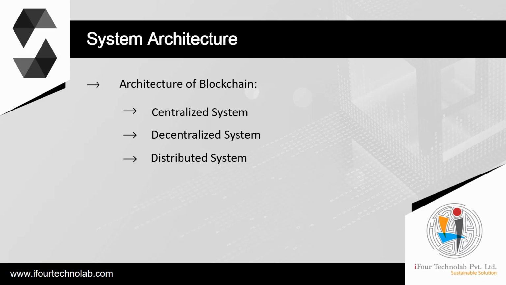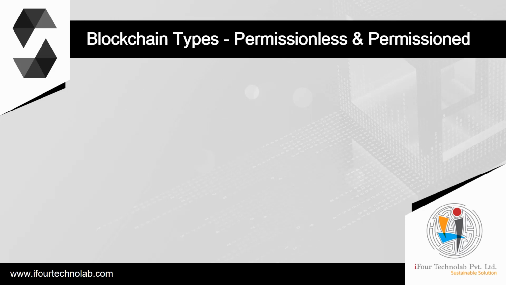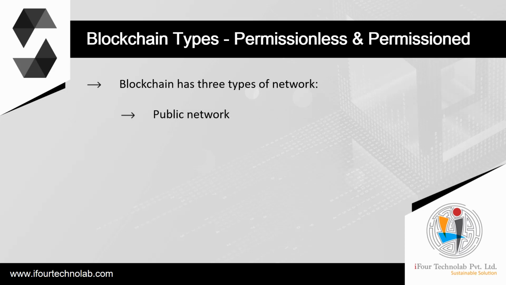Blockchain types: permissionless and permissioned. Blockchain has three types of network: public network, private network, permissioned network. The blockchain has considerably showcased its extensiveness in laying solutions to essential market issues like security, transparency, accountability, time consumption, value and more.